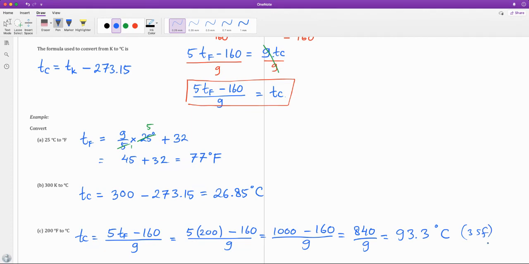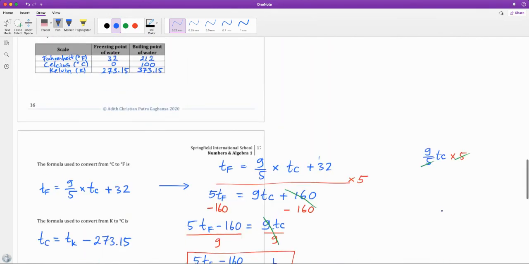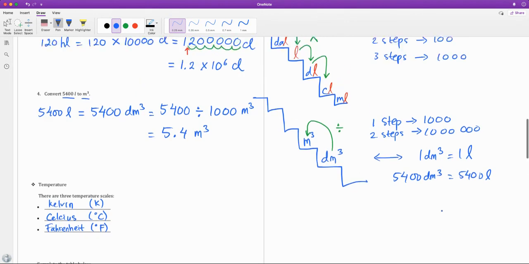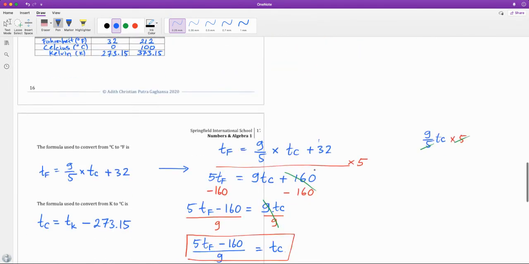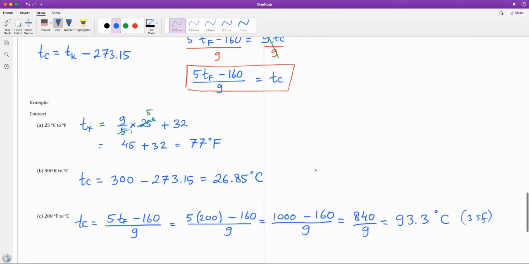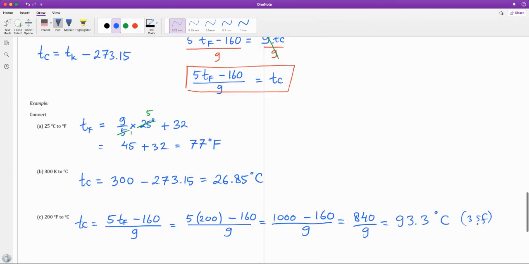Well, maybe you're wondering why it has to be 3 significant figures always. Like here, it's in 3 significant figures. Also here, I rounded correct to 3 significant figures. Because in IGCSE, most of the answers must be given in 3 significant figures.